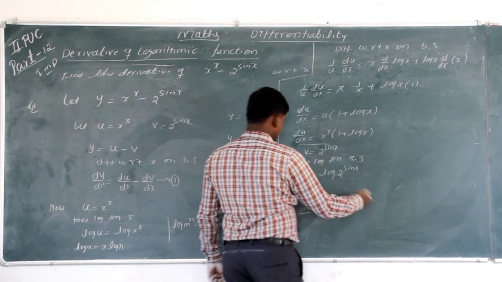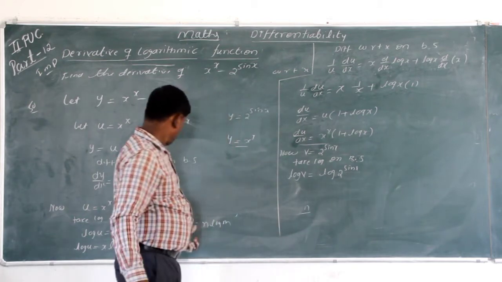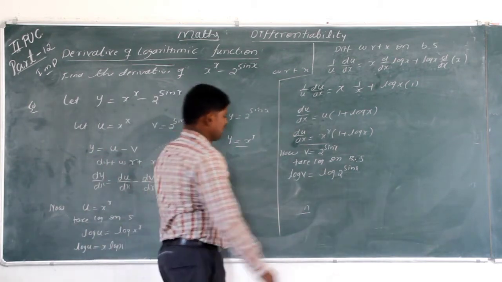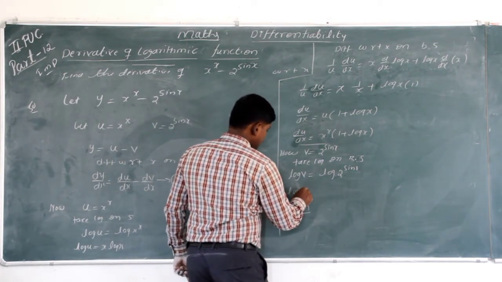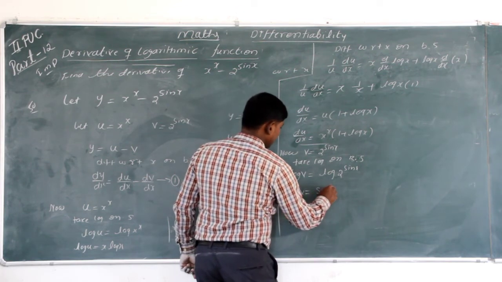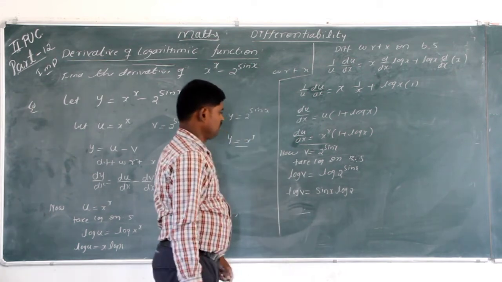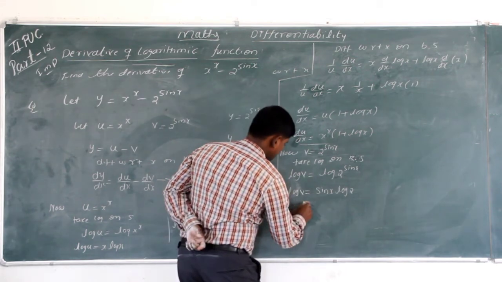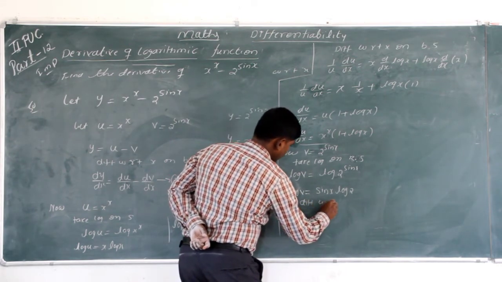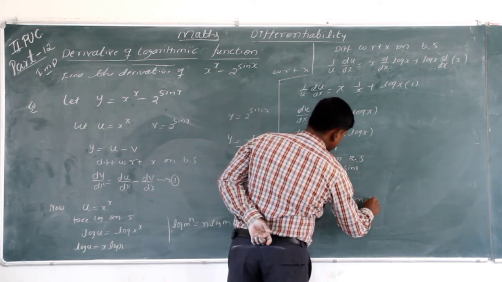By using the same property, log m to the power of n, this can be written as log v is equal to sin x into log 2. Now we are going to differentiate with respect to x on both sides.